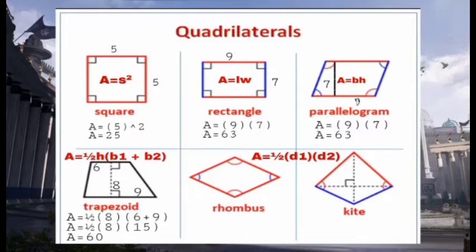So 1/2 times 5 times 6. 5 times 6 is equal to 30, and times 1/2 it equals 15. Therefore, the area of our rhombus or kite is 15.